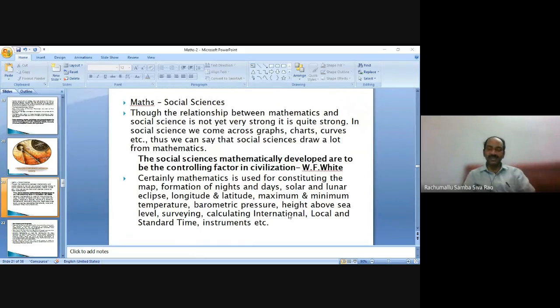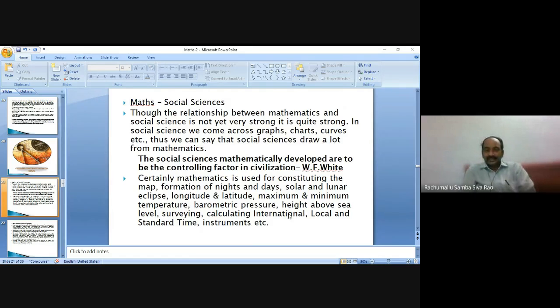As we discussed earlier, there is a strong correlation between mathematics and science subjects, particularly mathematics and physics, mathematics and chemistry, mathematics and biological science. In respect of those science subjects, there exists a strong correlation with mathematics.